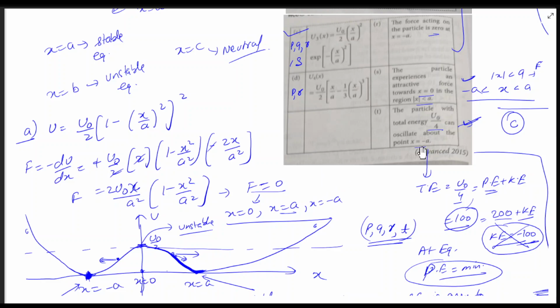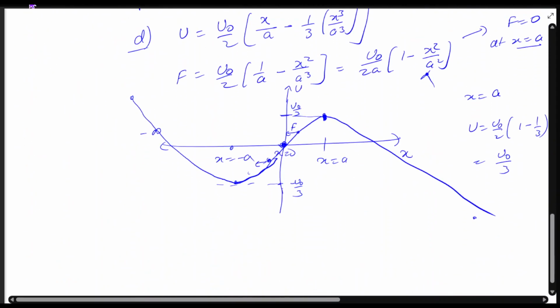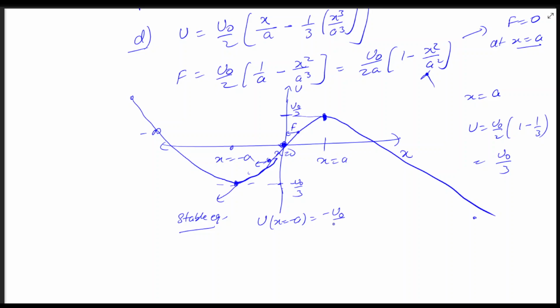Let's check T. For T at x equal to minus a, first there must be a stable equilibrium, and the total energy is U naught by 4. So let's check. Now, yes, x equal to minus a is actually a stable equilibrium, and at this point U at x equals to minus a is minus U naught by 3.